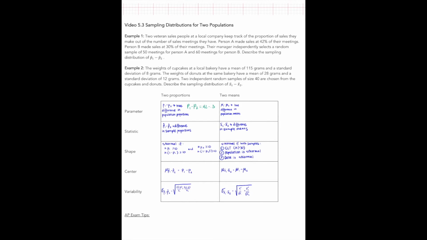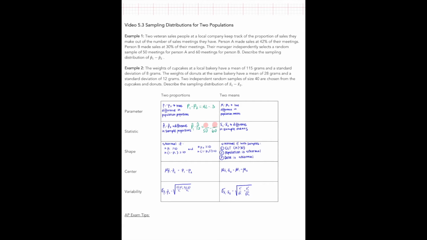Our p hat sub 1 minus p hat sub 2, we actually don't have enough information for that because they kind of ended it off with, okay, so we have 50 people and 60 people, and then they didn't give us of those what we know. So if I were to finish this off, I would set up two fractions, because eventually I just need the numerator to calculate that.